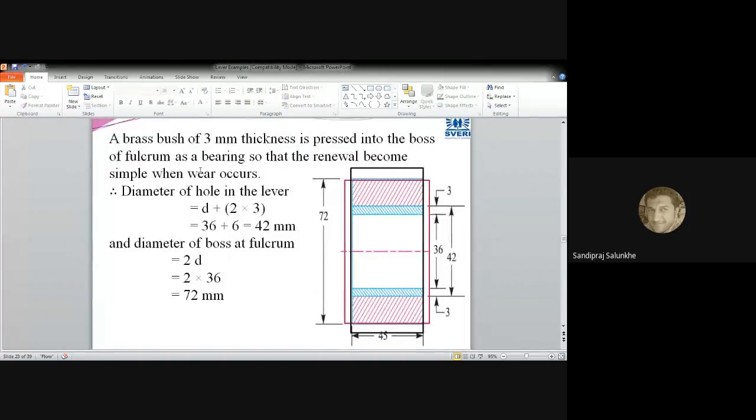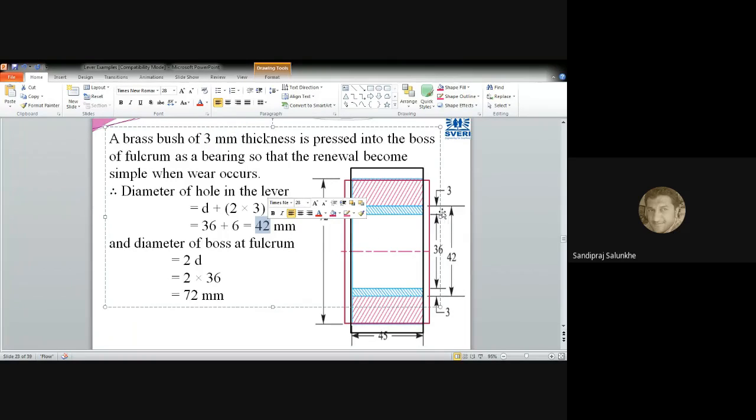And later on, we have designed the bush inside the lever and above the pin. The thickness of this bush we have considered as 3 millimeter, and that's why we have calculated the diameter, which we are going to elaborate for the lever, and that diameter we have calculated as 42 millimeter.